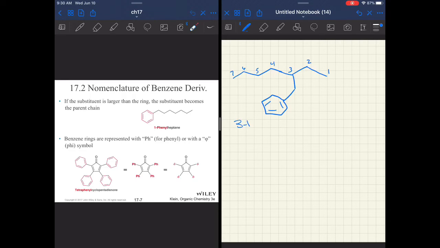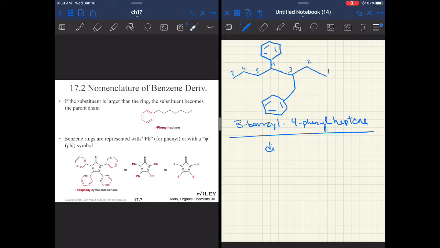This would be a 3. In fact, let's put this at 4 here. There we go. This would be a 3-benzyl, 4-phenyl heptane. All right, so you definitely should know the difference here.